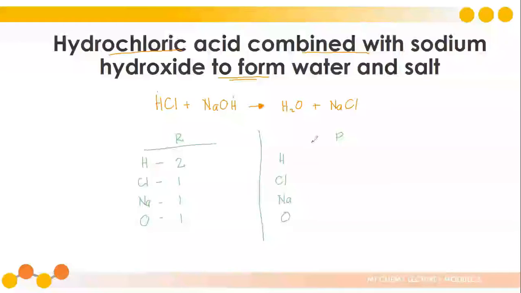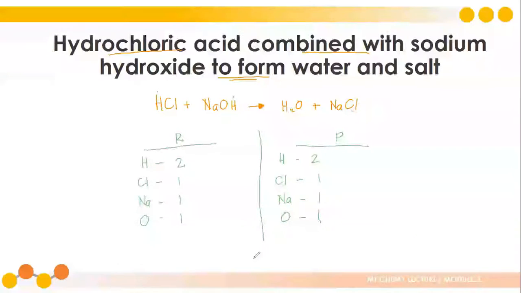Now, how about the product side? How many hydrogen do we have? You can see the subscript in this one, meaning we have two hydrogen. Then for chlorine, we have one. For sodium, we also have one. And then for oxygen, we also have one molecule of oxygen.